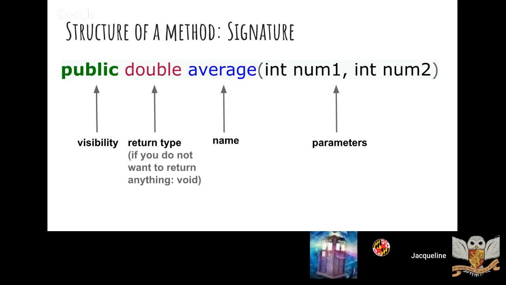So kind of going into what those parentheses represent. This is what a typical method signature looks like. The first word represents the visibility. Most of the time, we'll be dealing with public methods to start. As you learn more about classes, you'll learn about why you would want a private method versus a public method, or maybe a protected one.